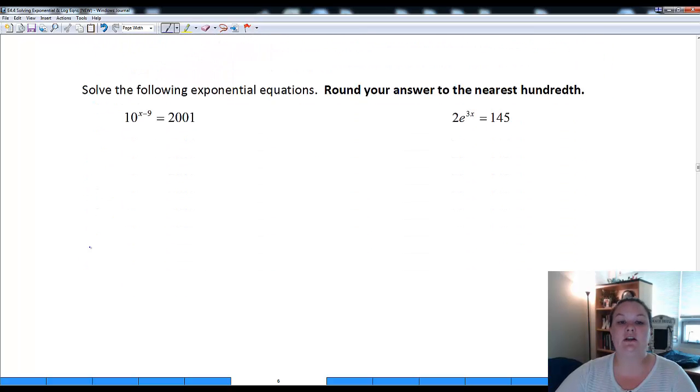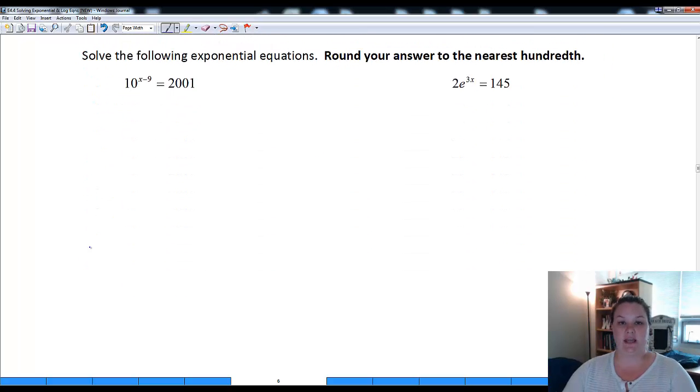So we're first going to look at exponentials. Okay, so with exponentials, notice there's no way I could write this 10 and this 2001 with the same base. I can't write 2001 as 10 to some power. So I'm going to pick either the common log or the natural log to simplify this. Because this is a 10, I'm just going to use common log because common log is base 10.